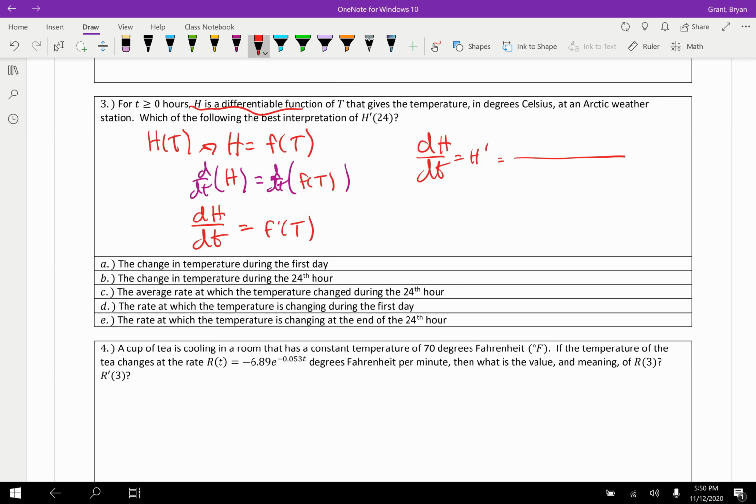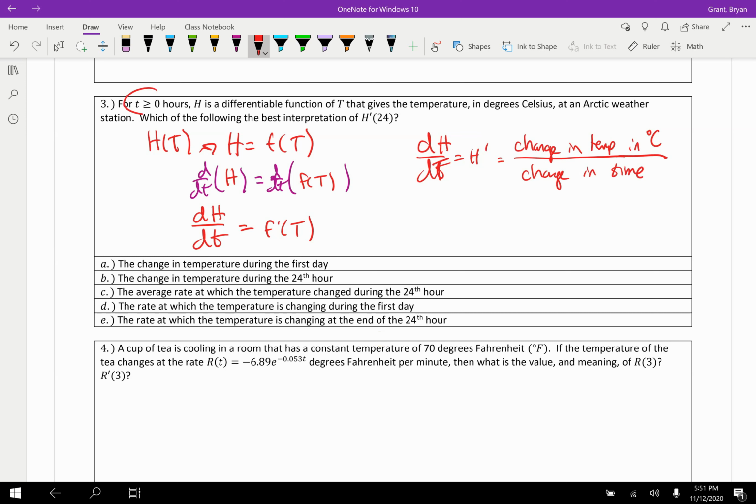It says h is a function that gives the temperature, so that is the output. It doesn't take a temperature. So h here is going to be the change in temperature in degrees Celsius. So what is t? T, and this should be a capital, is our time. Okay, so this is our change in time.